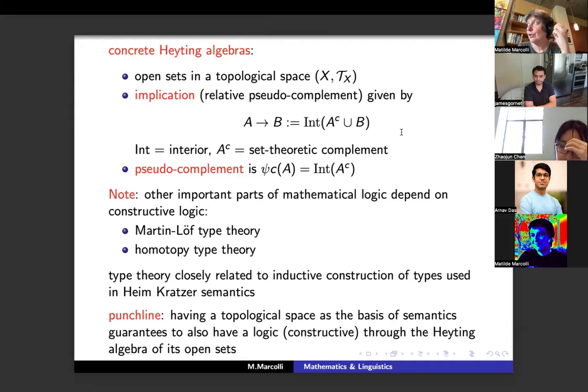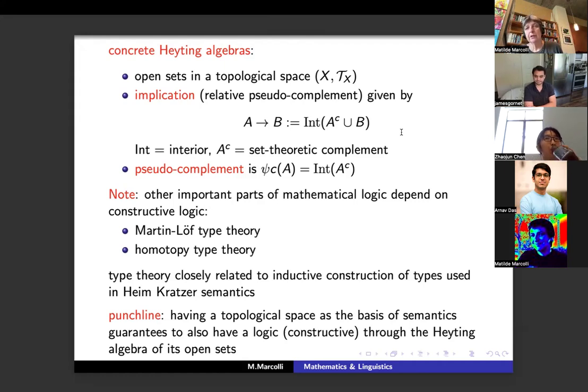Also, of more interest to mathematics per se, all of the recent very interesting work on homotopy type theory incorporates Martin-Löf type theory and is also based on the use of constructive logic and Heyting algebras.